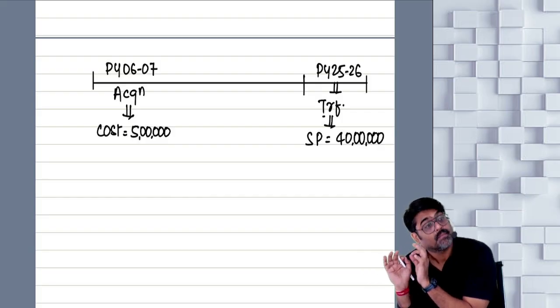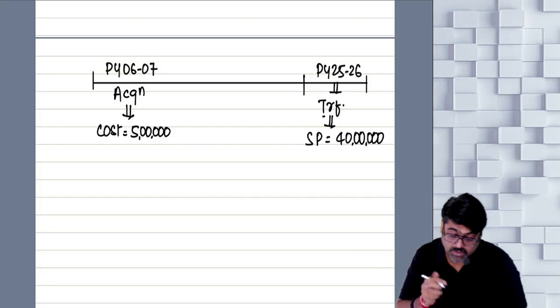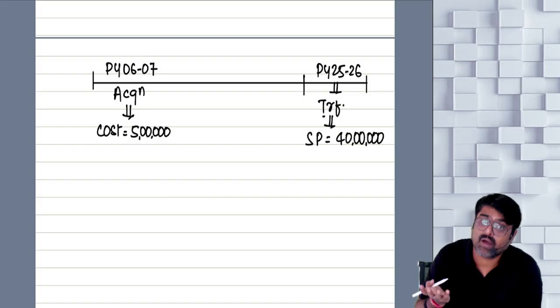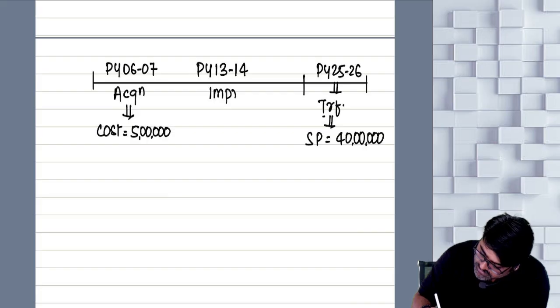Understood? But what if I do some improvements after acquiring the asset, in the previous year 13-14? I did some improvements in the asset, and the cost of improvement incurred was 2 lakh rupees.